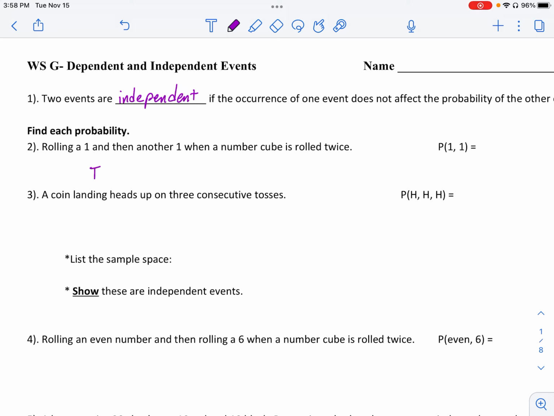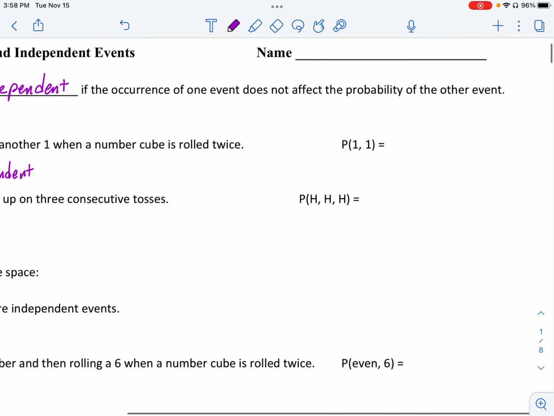First of all, these are independent because every roll of the dice is independent, meaning it has no impact on the next roll. Every time you roll the dice, your probability of getting a 1 is 1/6.